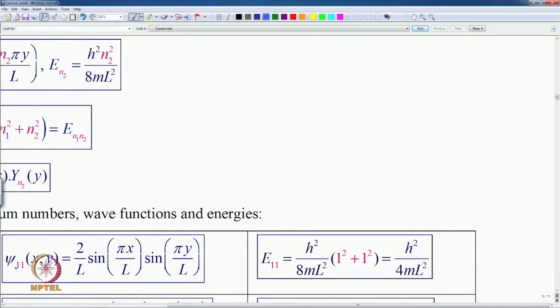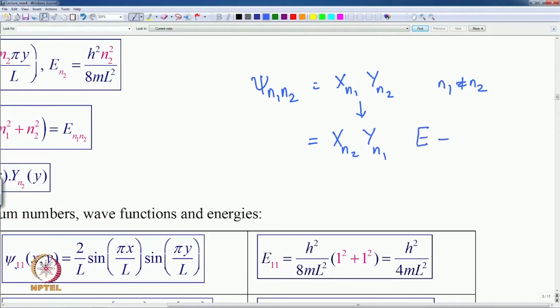What is interesting is the next choice. You have psi n1 n2 as x of n1 y of n2. If n1 is not equal to n2, it is possible to have the wave function given by x of n2 and y of n1, because the energy is simply proportional to n1 square plus n2 square times h square by, of course, 8m L square, which is the proportionality constant.